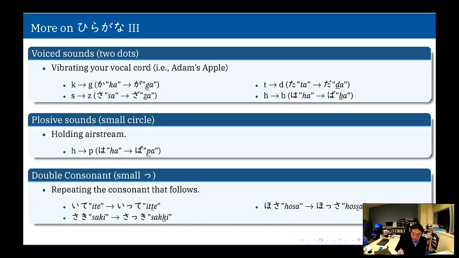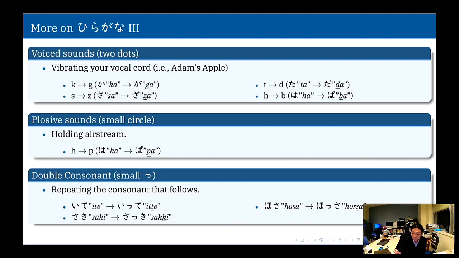The first set of the little extras are two dots. By adding two dots, we change the sound. How do we change the sound? K sound becomes g sound. So k, k, k sound become g, g, g.